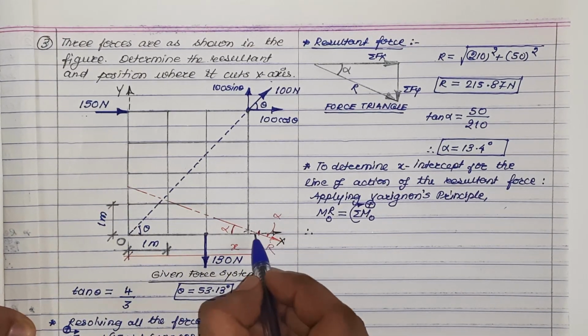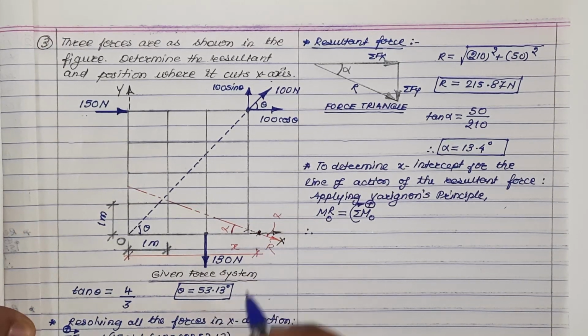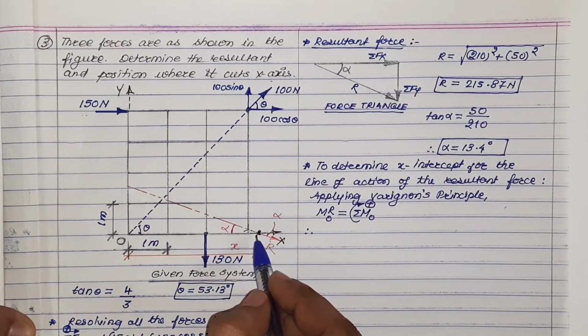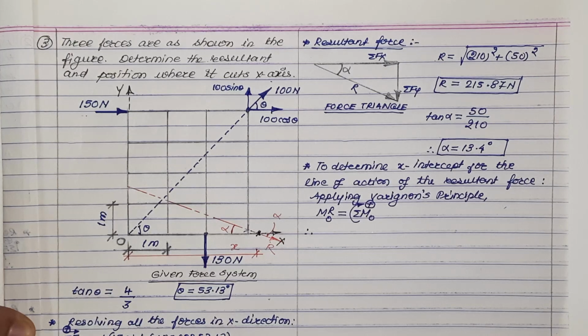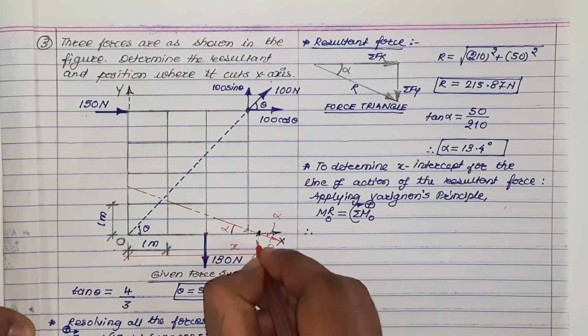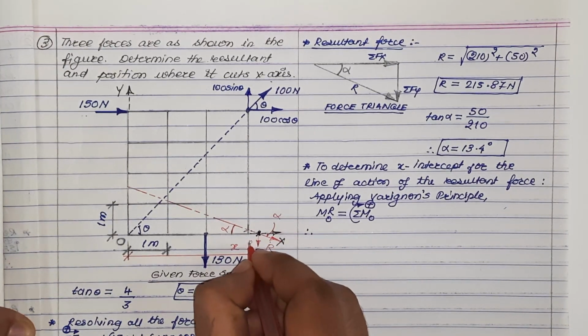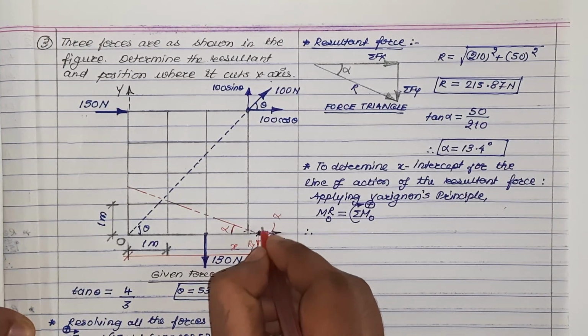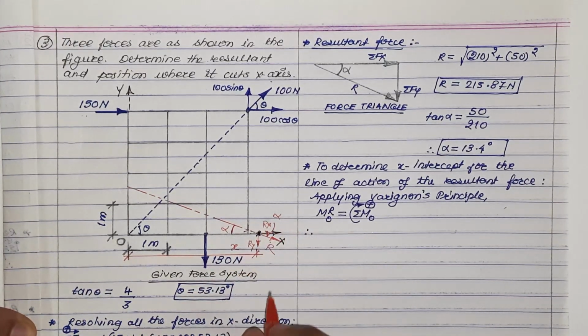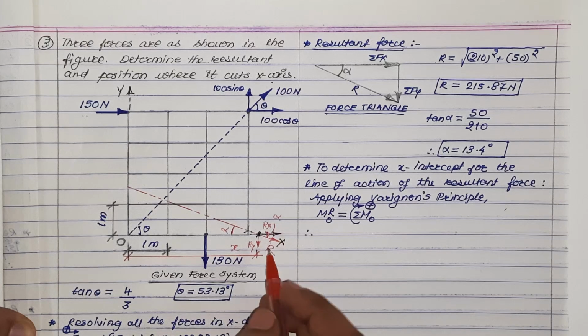Now this R has intersected x-axis at this particular location. Therefore, at that location, this R will have its y component downward and x component rightward. Why is it so? Because R is pointing down to the right, hence Ry downward and Rx rightward.